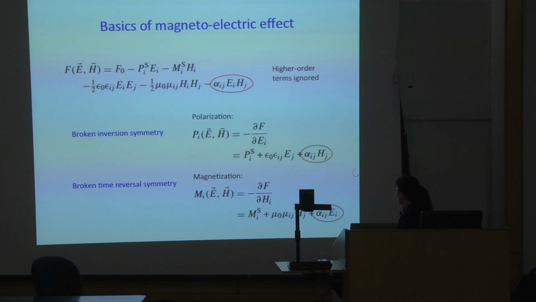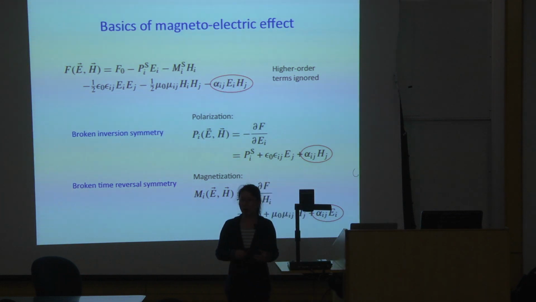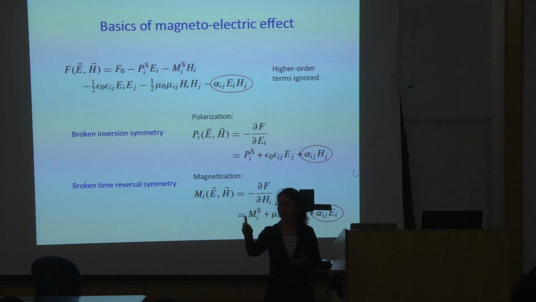And in order to have this, you need to break time reversal symmetry. So in order to have the linear magnetoelectric effect, this term, you need to break both inversion and time reversal symmetry. And in the example I showed you, the strained monolayer molybdenum sulfide, when we apply current or apply field, we saw magnetization, right?